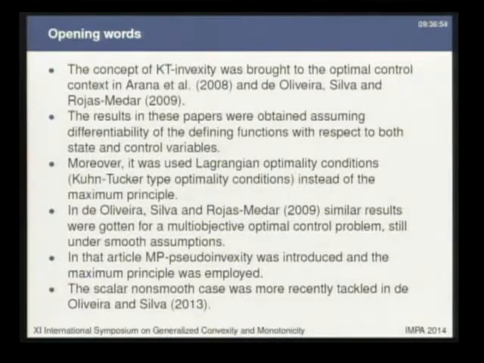Okay, but then in 2009, we started to study the multi-objective control problem, still under the smooth assumptions, but we then used the maximum principle instead of Kuhn-Tucker type optimality conditions. We then introduced the notion of MP pseudo-convexity.